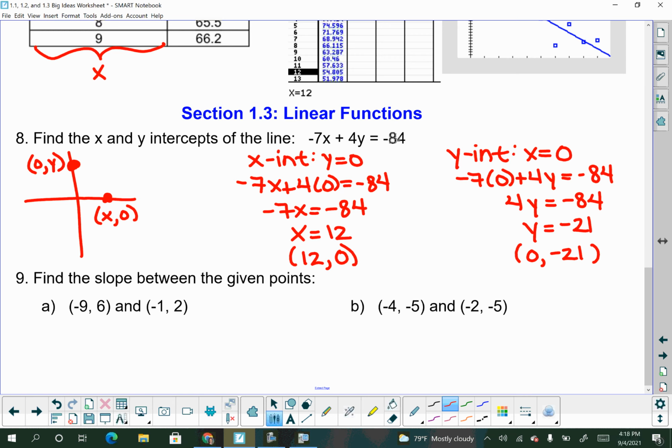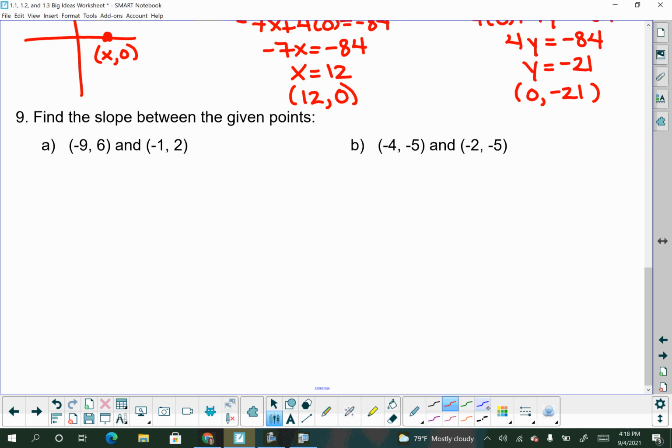Finding slope between points to get a line. Slope formula from the lesson, y2 minus y1 over x2 minus x1. So for letter A, it doesn't matter which y I start with, so I'll do it both ways here to show you guys. Let's say I start with this y.